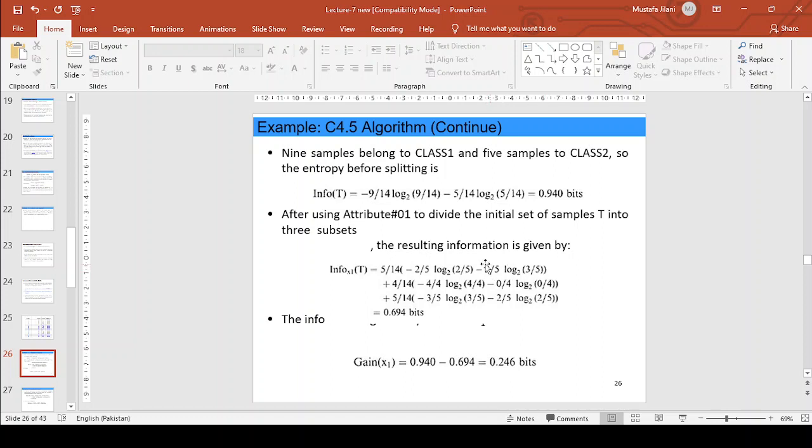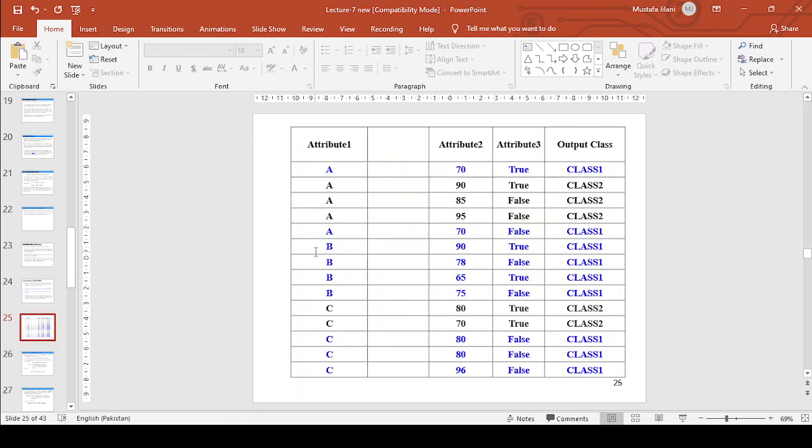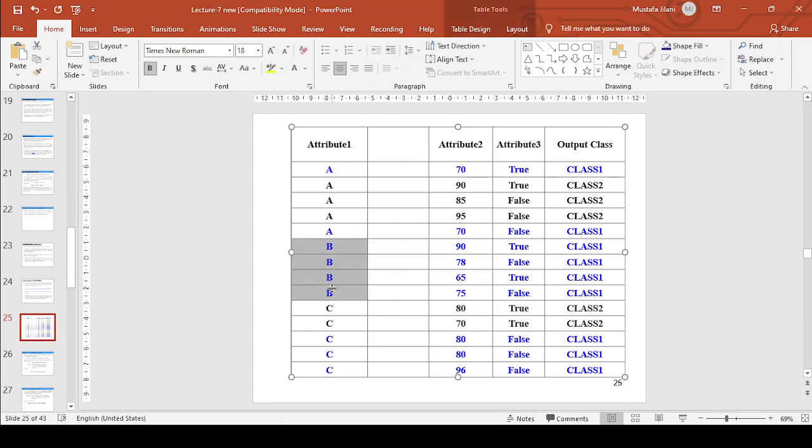The first line after this equals sign is for A, the second line is for B, and the third line is for C. For B, all are blue, which means they belong to class 1. The coloring is just to make it easy.